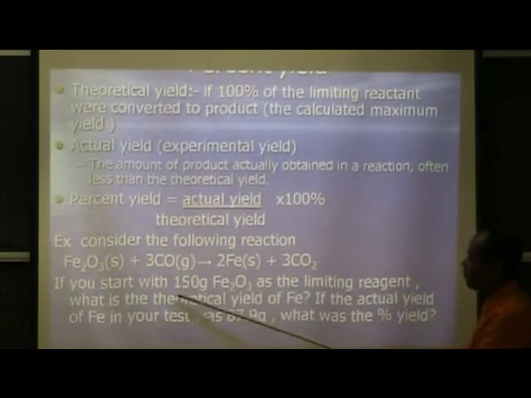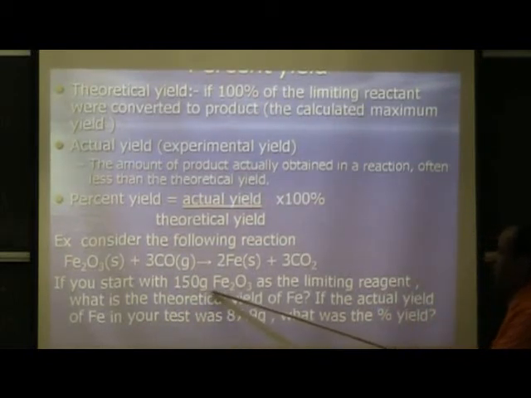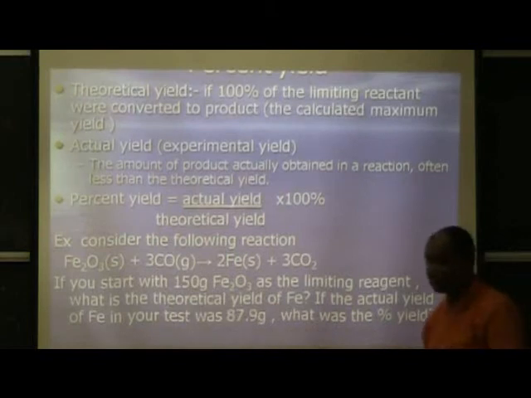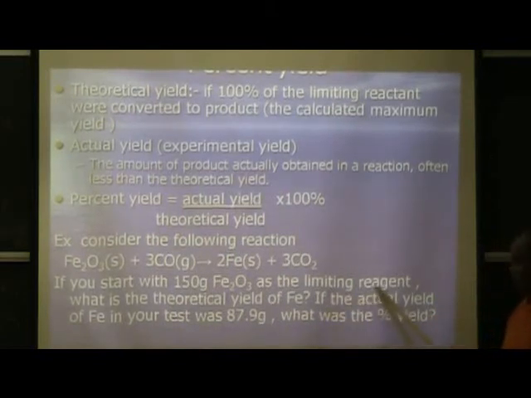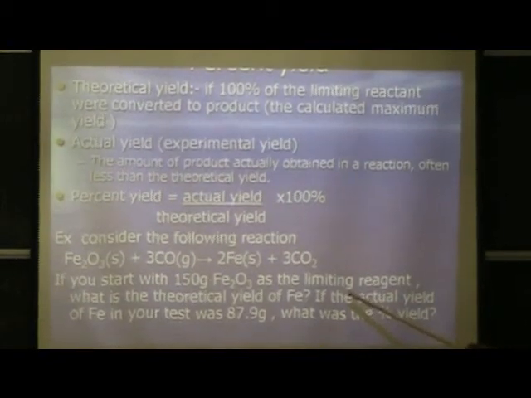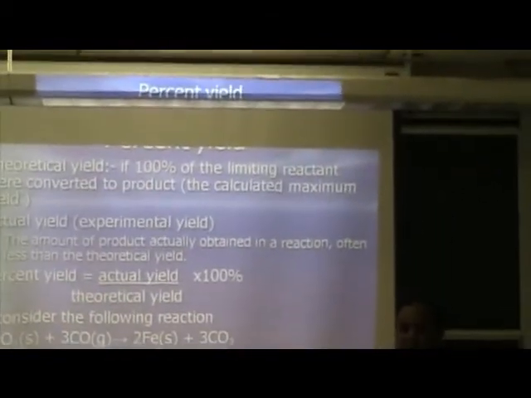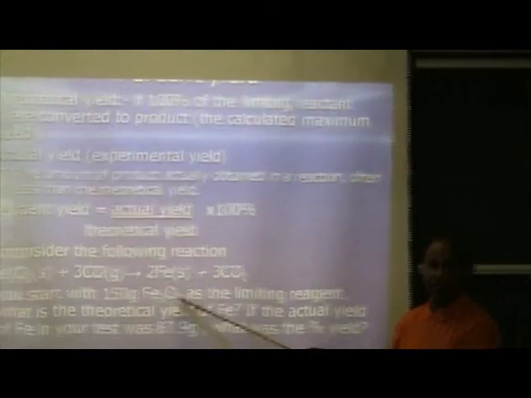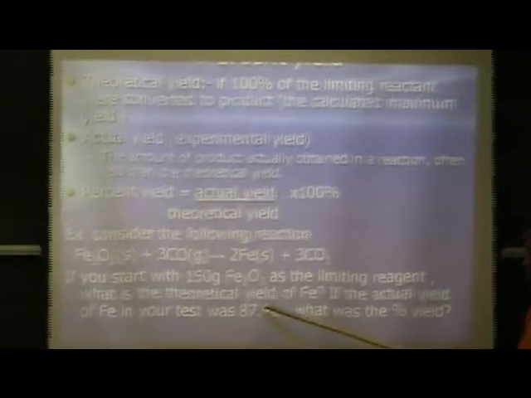Now, it was given for you here. If you start with 150 grams of iron oxide as the limiting reagent, now you see everything is easy for you because you don't need to find the limiting reagent, it's already said here. Your limiting reagent is iron 3 oxide, actually, that's the right name, 150 grams of iron 3 oxide.